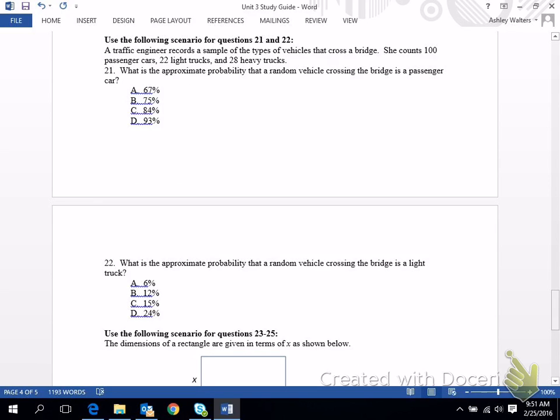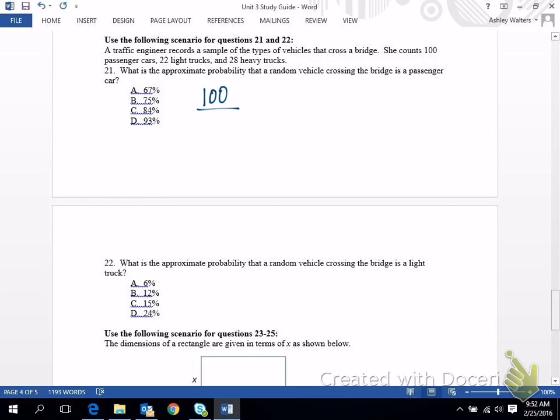We want to use the following scenario for questions 21 and 22. It says a traffic engineer records a sample of the types of vehicles that cross a bridge. She counts 100 passenger cars, 22 light trucks, and 28 heavy trucks. What is the approximate probability that a random vehicle crossing the bridge is a passenger car? Well, the passenger cars, the favorable amount is 100, and that is out of the total amount.